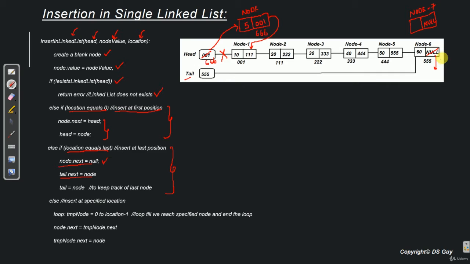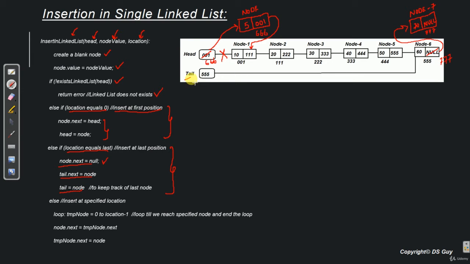Let's say node 7's address is 777. As soon as we update the next of node 6, it automatically creates a reference from node 6 to node 7.